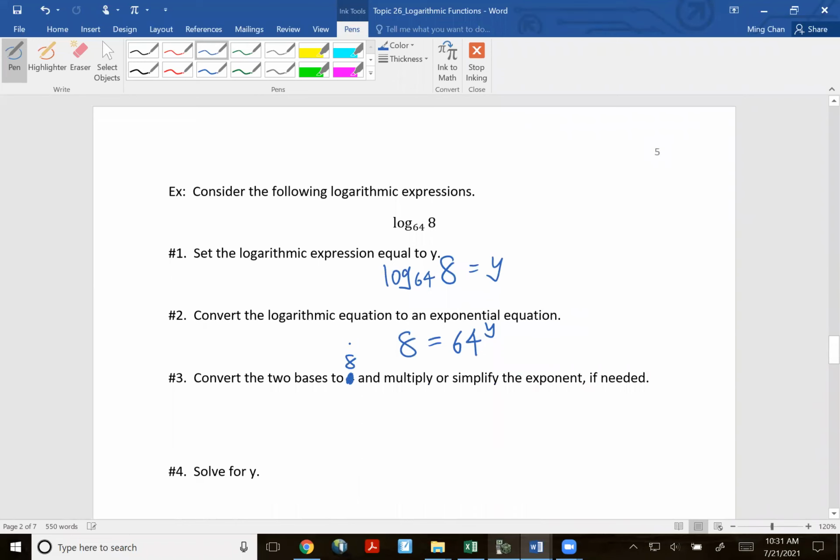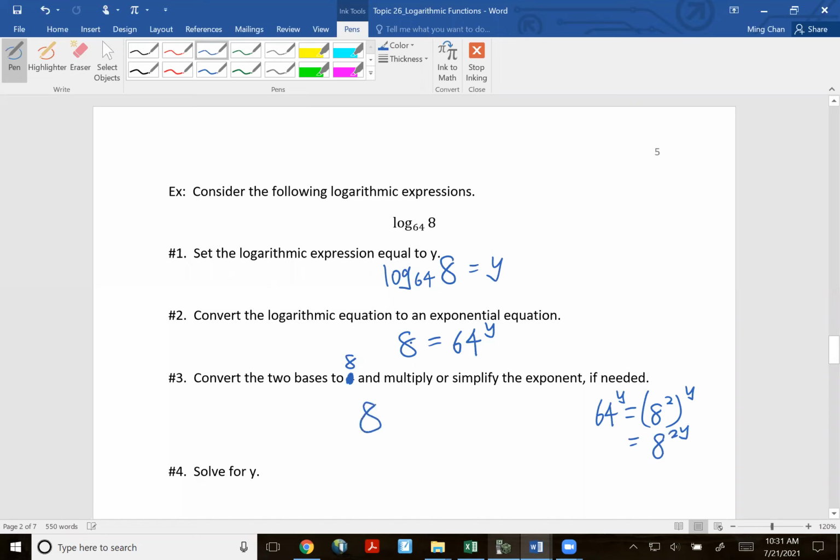Base 8, okay? If I convert into a base 8, then this 64 is now 8 squared. Since the 64 had a y power on the outside, according to the power rule, if I multiply the exponent, that should be 8 to the 2y power.